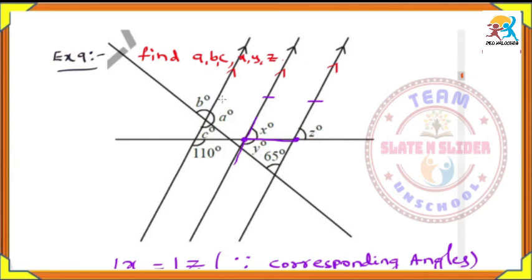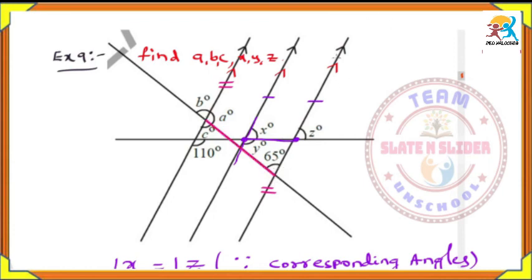Let us observe the first line and the last one. For these two lines, the transversal is this one. This is the transversal. Observe here.